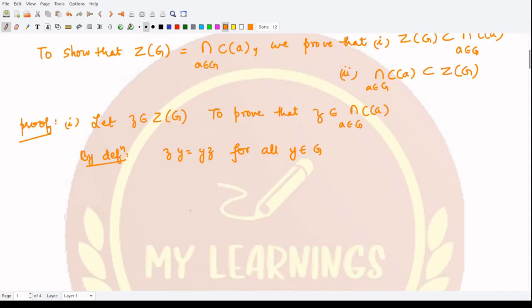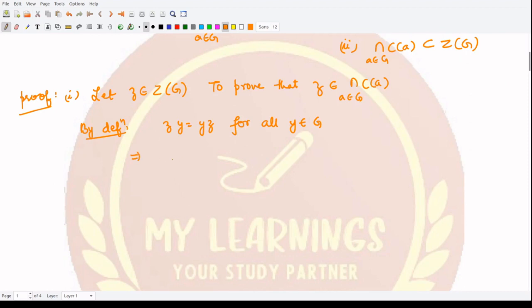So what does it imply? It implies that Z would belong to the centralizer of Y, right? And this would be true for all Y belonging to G, because this is the condition that we are taking here. So what does it mean? If this is true for all Y, that means for Y1, for Y2 and so on, Z belongs to each one of them.